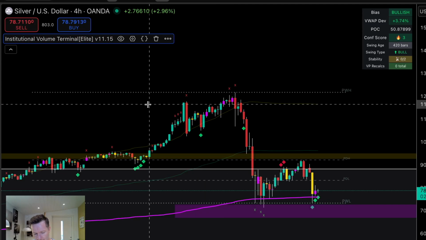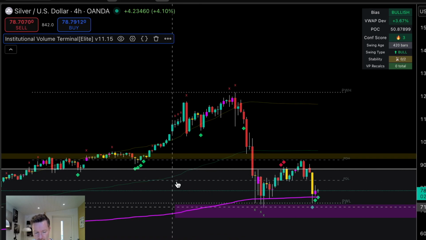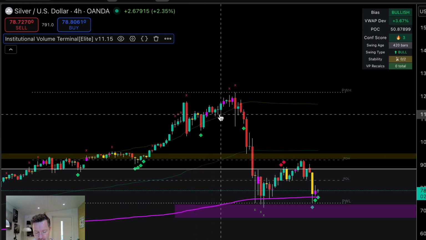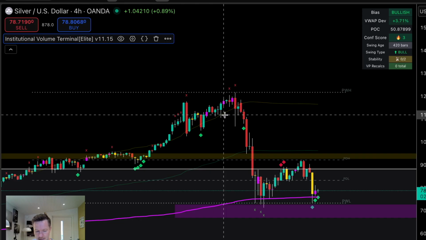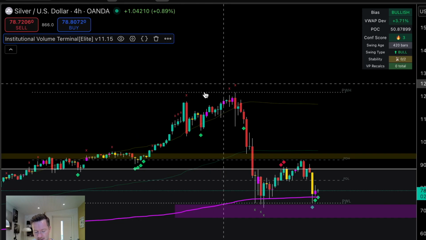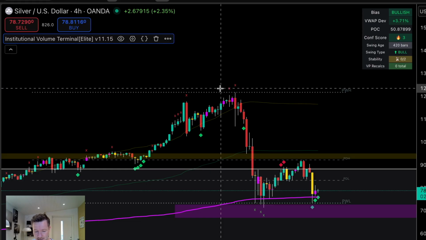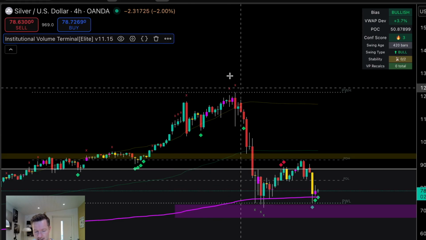And what happened then? Here we have AVWAP, here we have the first deviation, and here we have the second deviation. Statistically, in any market, whenever you cross the second deviation, it's time to take profits. We see a liquidity sweep once, twice, and three times.